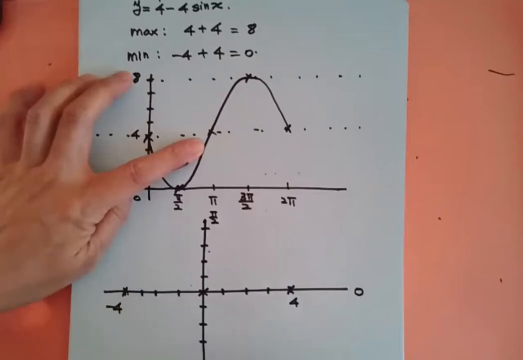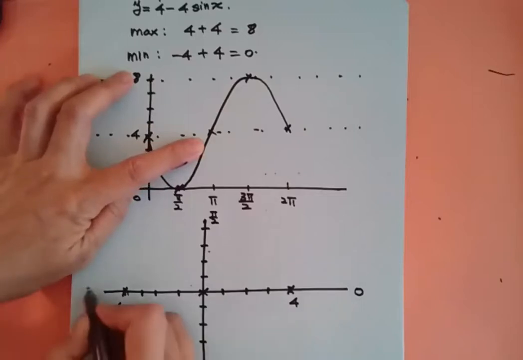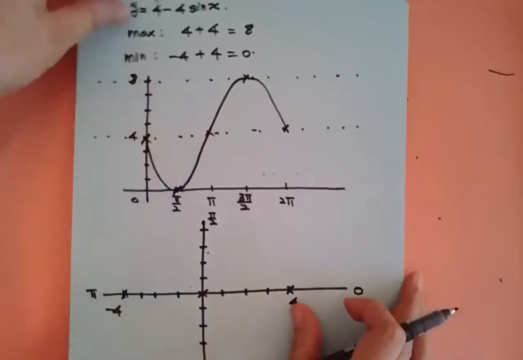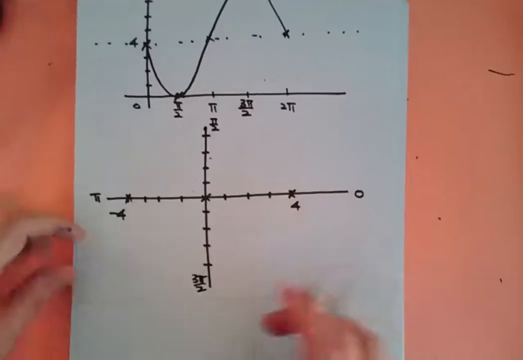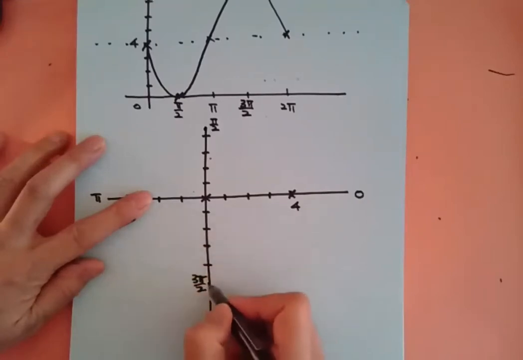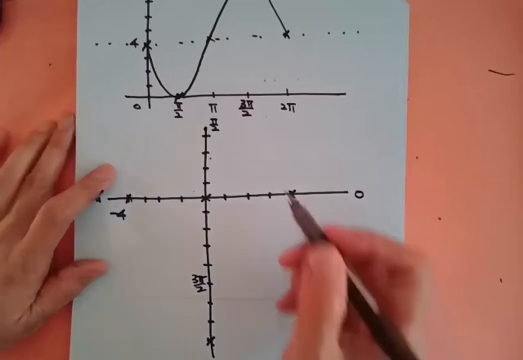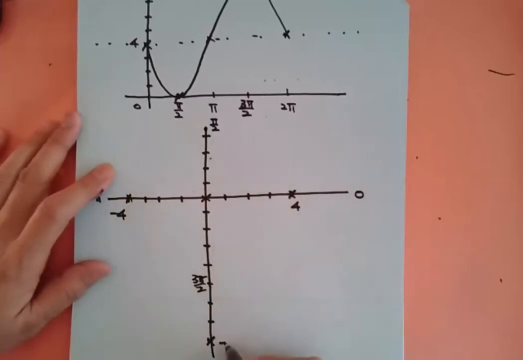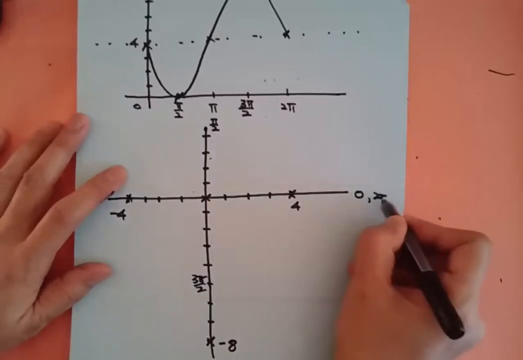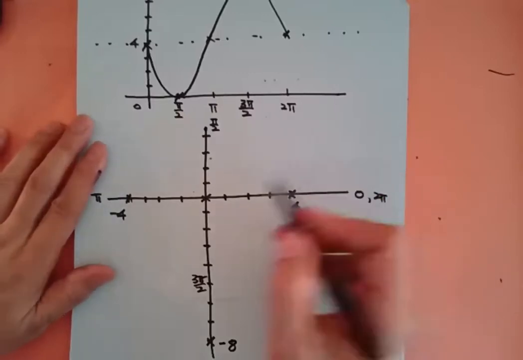And when the angle is 3 pi over 2, the distance is 8. And then when the angle is 2 pi, the distance becomes 4 again. So this is a cardioid.